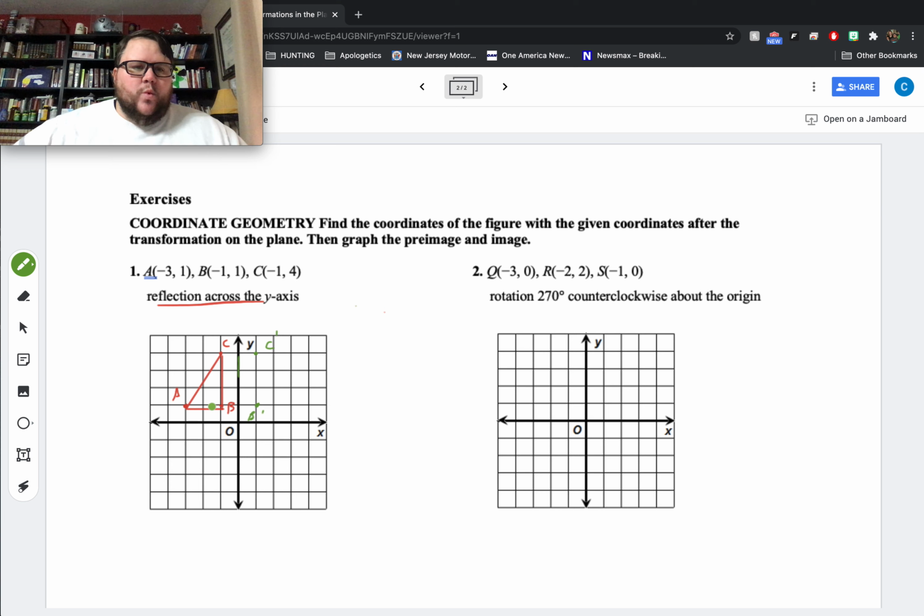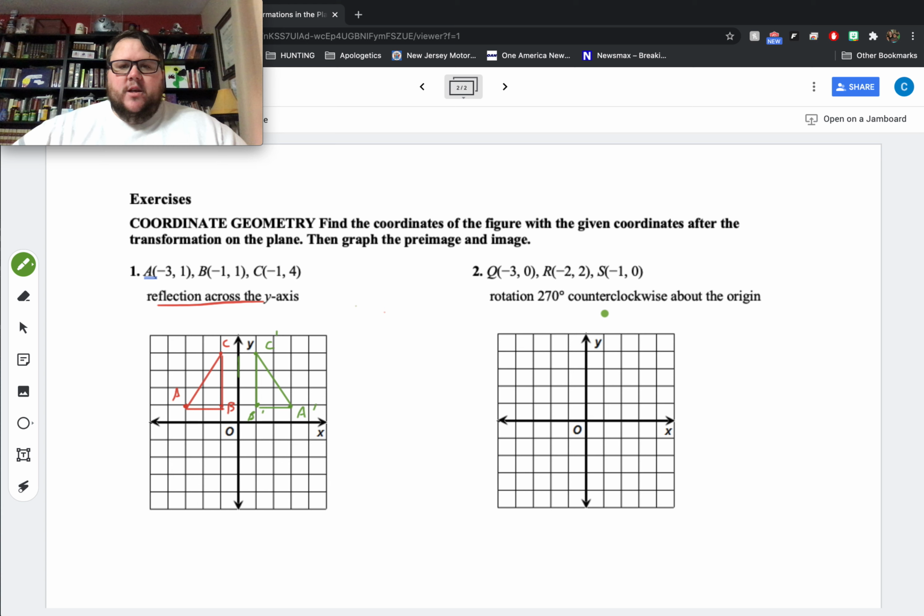And A is 3 away from the y-axis, so it's going to be 3 away on the other side. And that is A prime. So we have our triangle here, and it is a reflection across the y-axis.